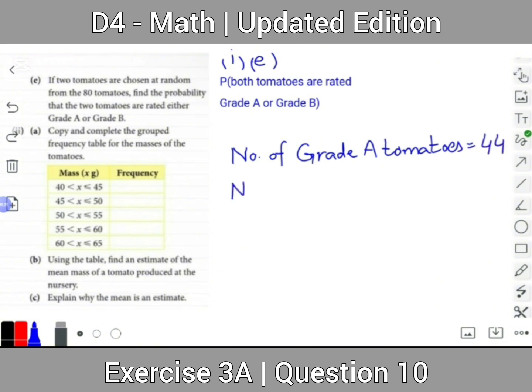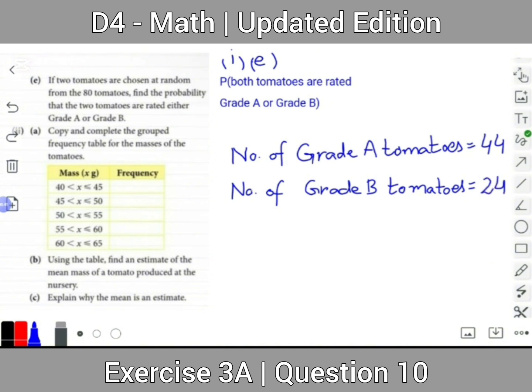Now we have also found the number of grade B tomatoes from part 1C, and that was equal to 24.